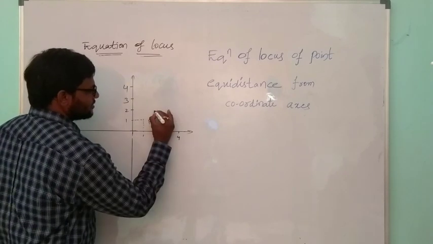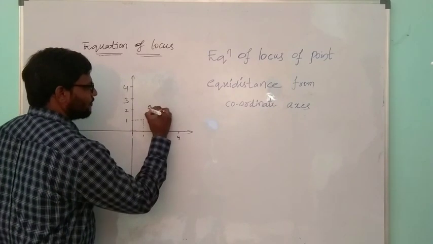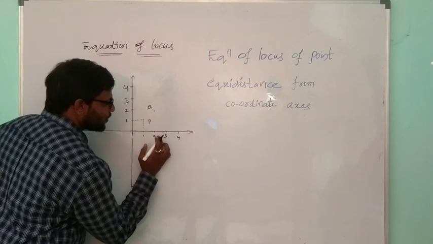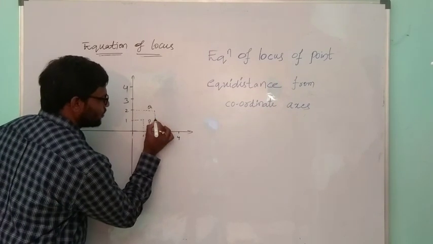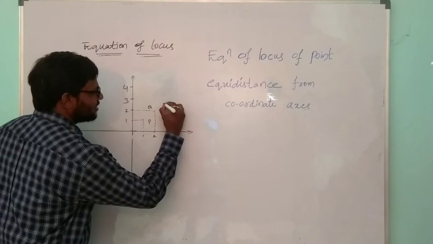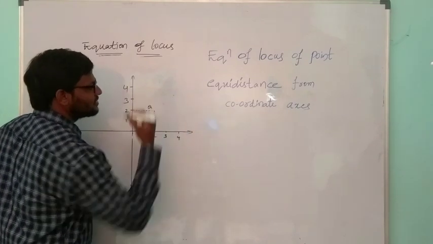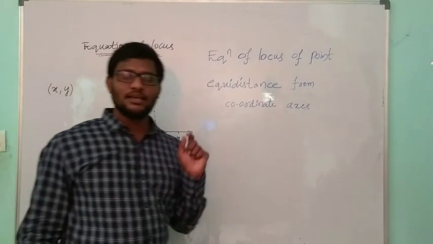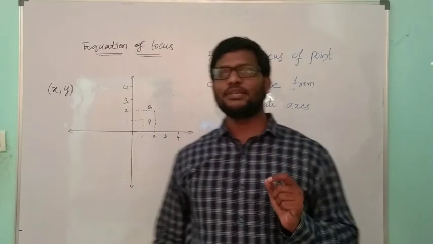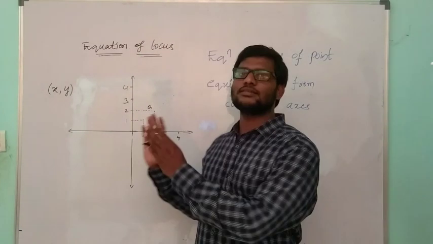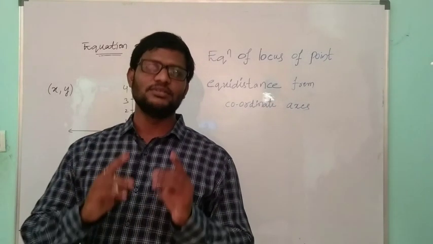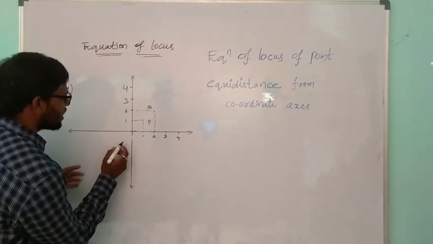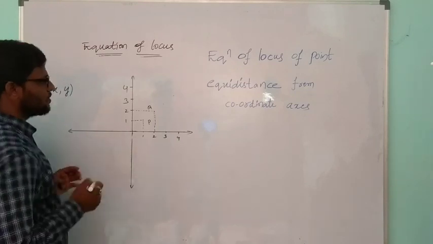And this is a point Q where the distance from Q to the x axis is 2 units and the distance from Q to the y axis is also 2. So like that we can have infinite points which are the same distance from the x axis and the y axis. Example (1, 1), (2, 2), (3, 3), (-1, -1), (-2, -2) like that.